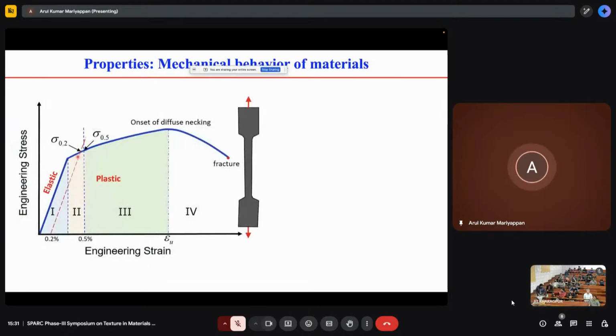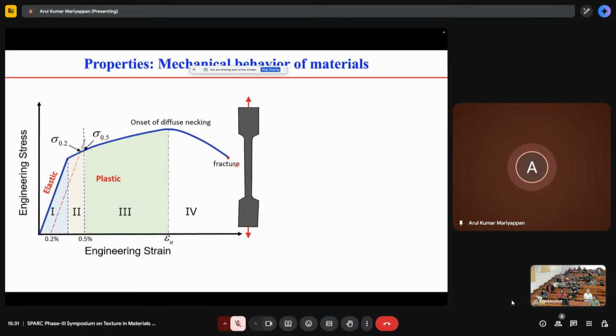What I'm talking about is material behavior. In this talk, I'm confining myself to only the mechanical behavior of materials. Whenever we talk about mechanical behavior, we have a stress-strain response. We have elastic regimes, and then plastic zones, followed by ultimate strain, then fracture.